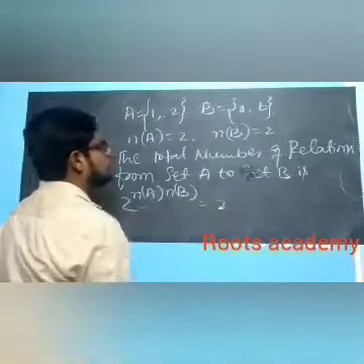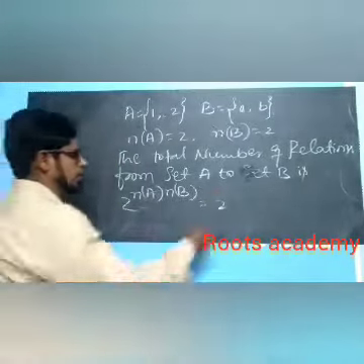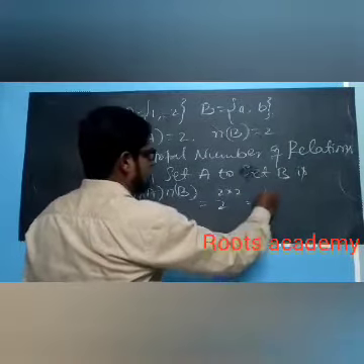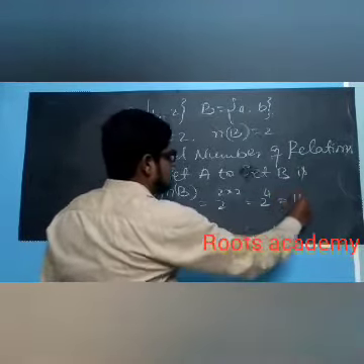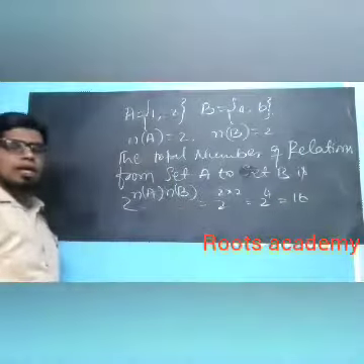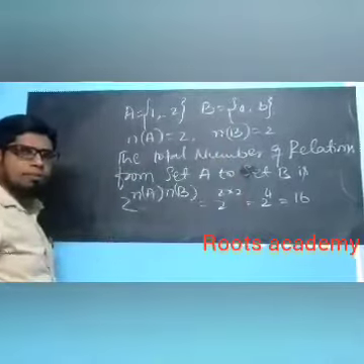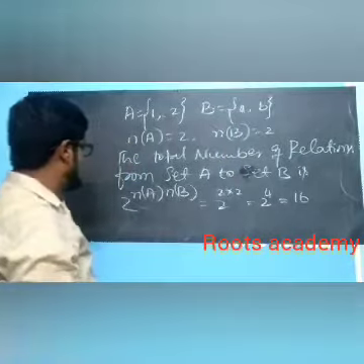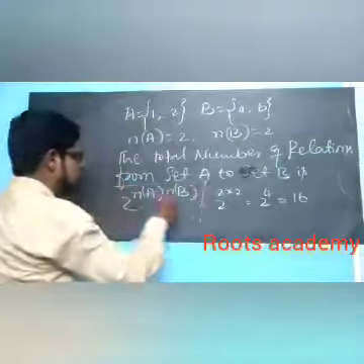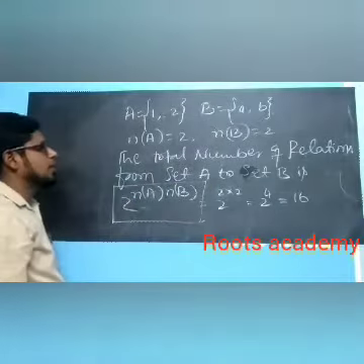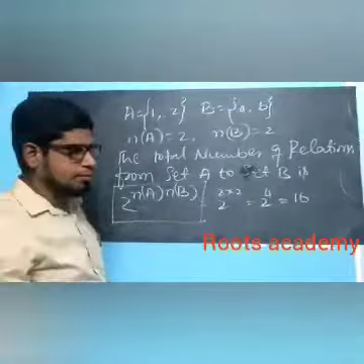So the total number of relations in this case is 2 power 2 into 2, that is 2 power 4, and that is 16 relations that can be formed from these two sets, that is from A to B. So this is the formula we will use to find the total number of relations from set A to set B.